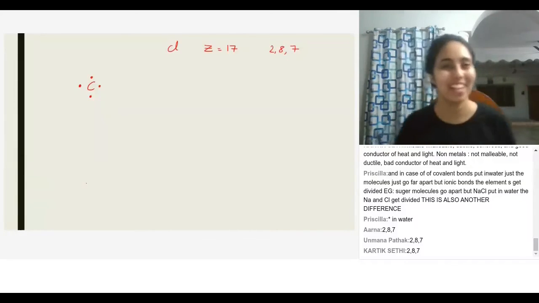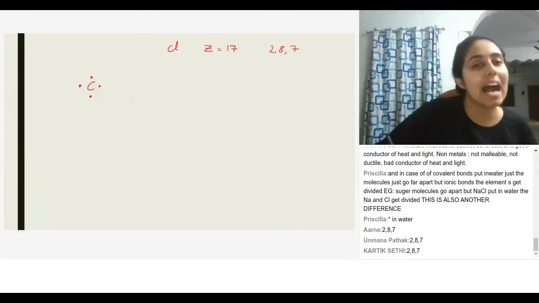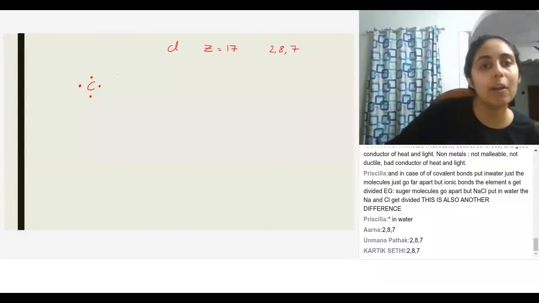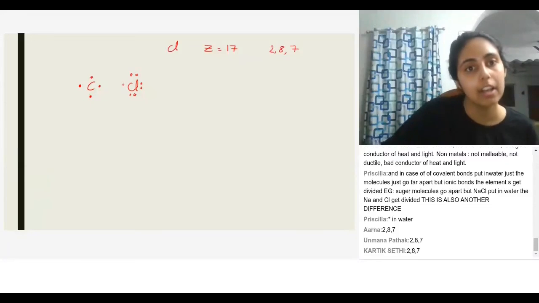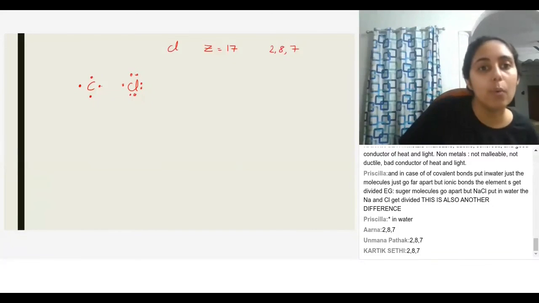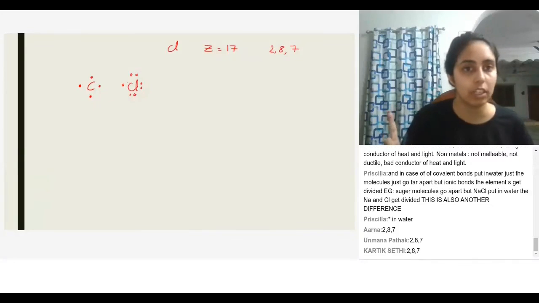Okay, so I have carbon over here, and now if I want to draw the Lewis dot structure of chlorine, I'm going to say 1, 2, 3, 4, 5, 6, 7, right? So now, similar to hydrogen, chlorine requires one more electron and carbon requires 4 more electrons.